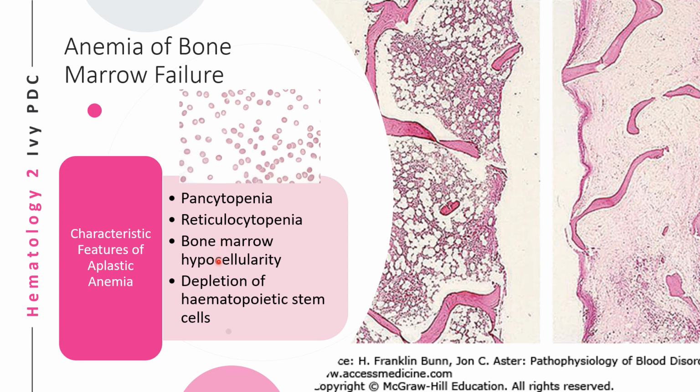Bone marrow hypocellularity, meaning that there is a decrease in hematopoietic cells and there will be a depletion of hematopoietic stem cells. As seen again in this picture, this is a normal hypercellular bone marrow, while this is a hypocellular marrow with the absence or depletion of stem cells.